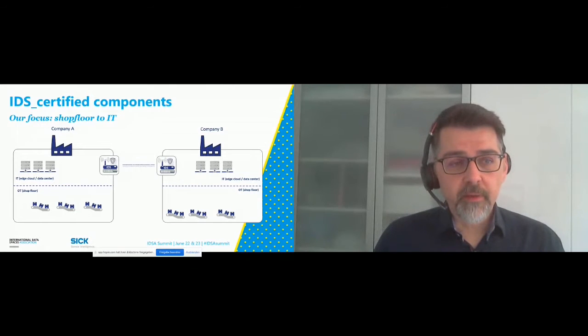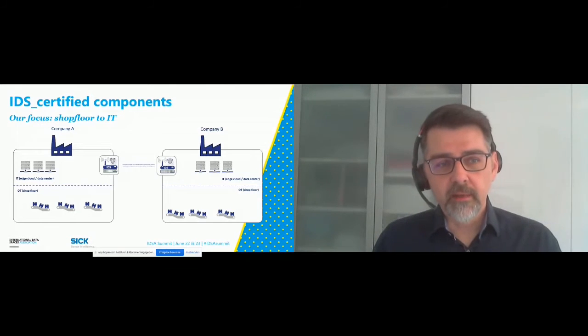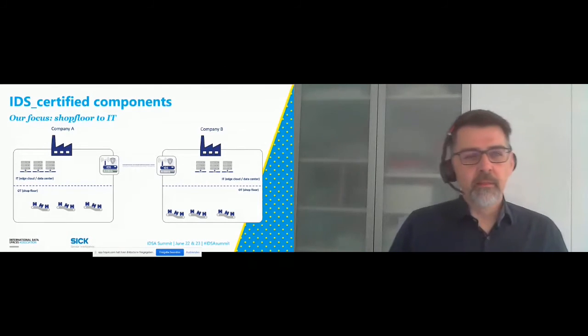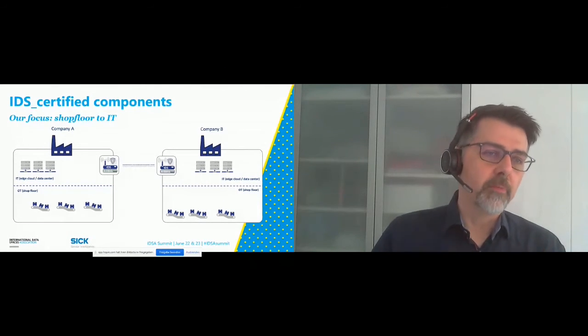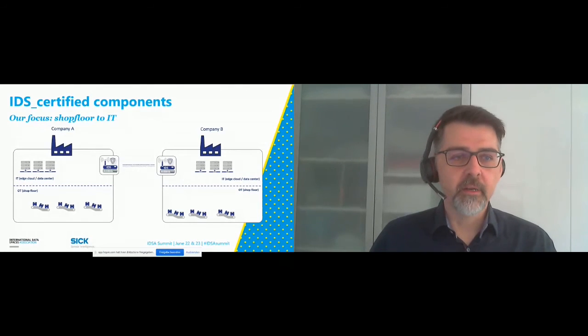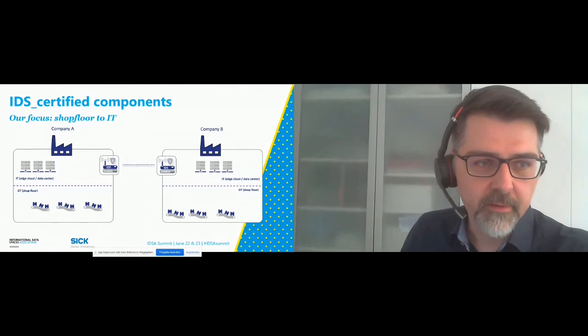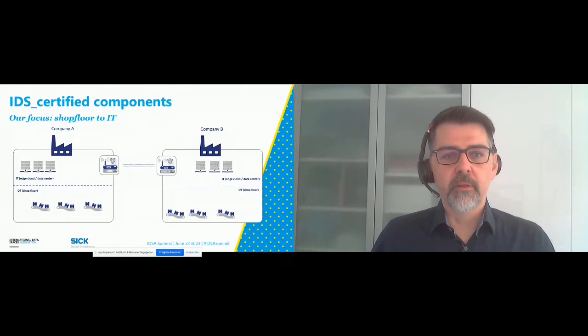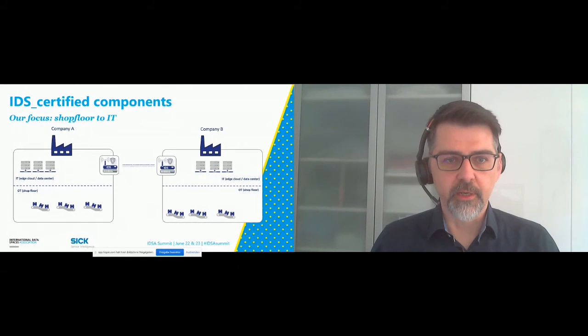In most companies, industry, you have at least two contexts. The one you see on top is the traditional IT. Nowadays, we call it edge cloud or data center or private cloud. On the bottom half, you have the traditional shop floor, the operational technology, OT.